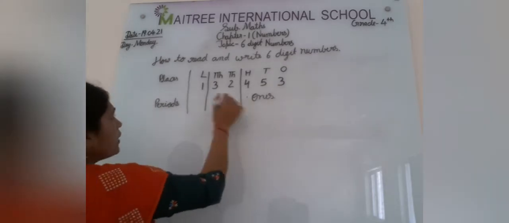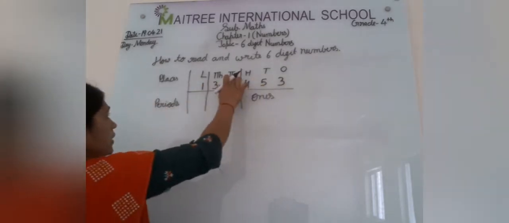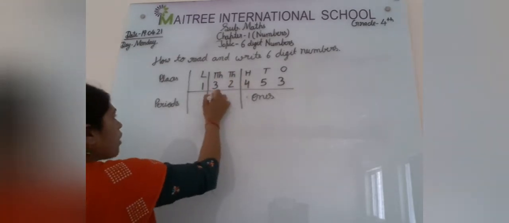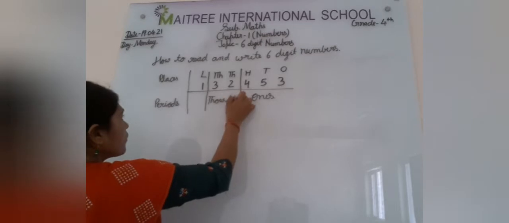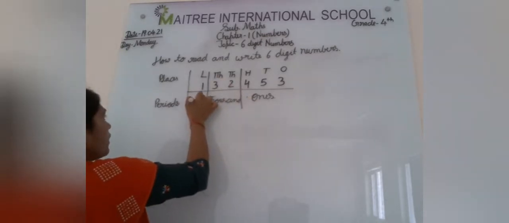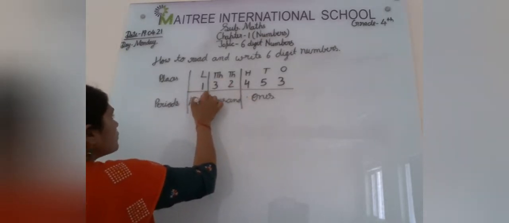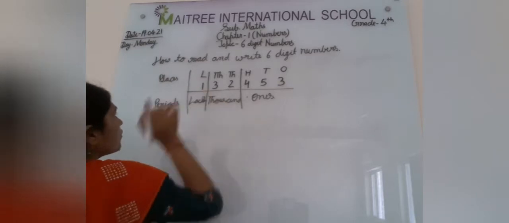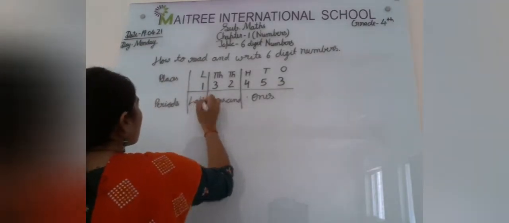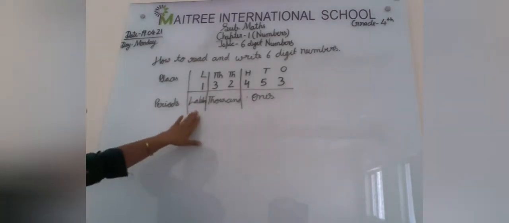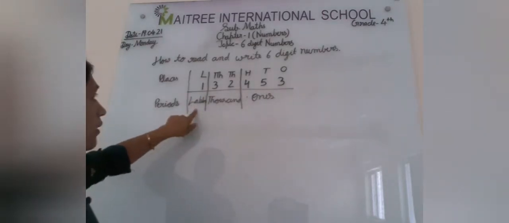Here I am writing periods. 1000 and 10,000 will come in the thousands period, and lakh will come in the lakh period. Okay, clear? So here I am introducing one new period, lakh.